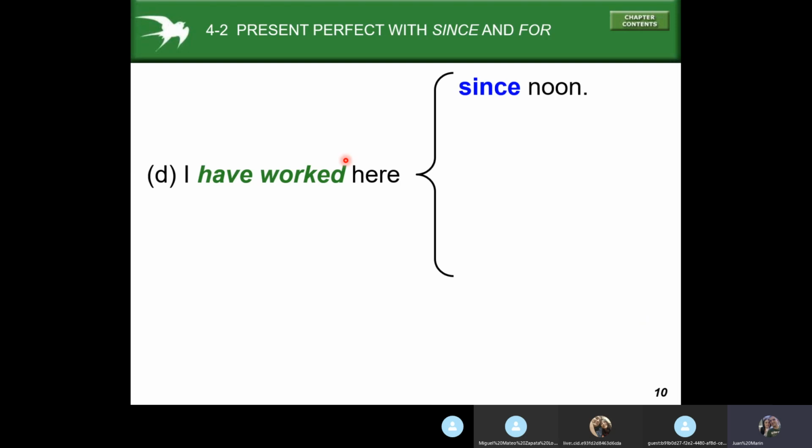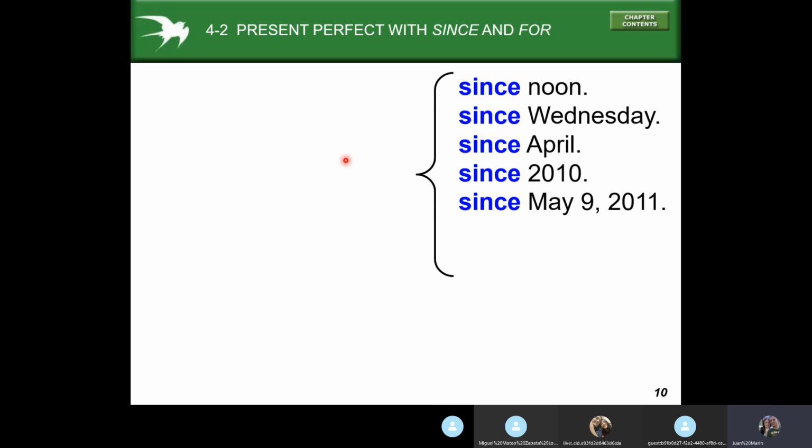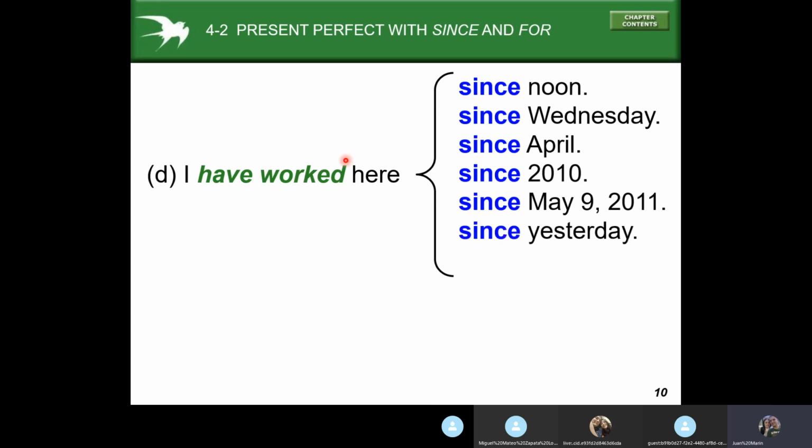I have worked here since noon, since Wednesday, since April, since 2010, since May 9th, 2011, since yesterday, since last week.